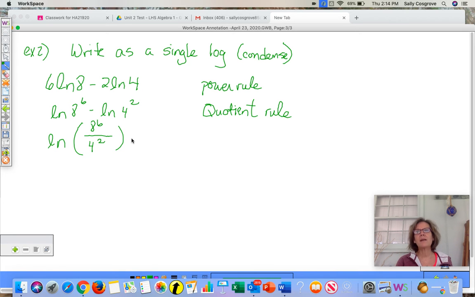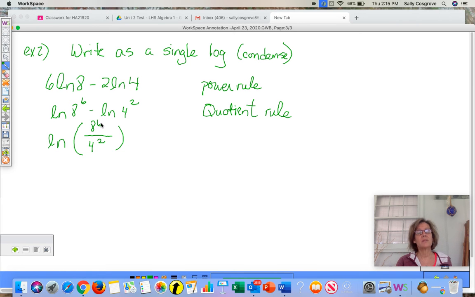In our final answer, we probably want it, instead of saying the natural log of 10 bajillion, you've got two things you can do. You can look at these and say, hey, I could put 8 in base 2 and I can put 4 in base 2. So you probably would rewrite it that way. That's one way to do it.